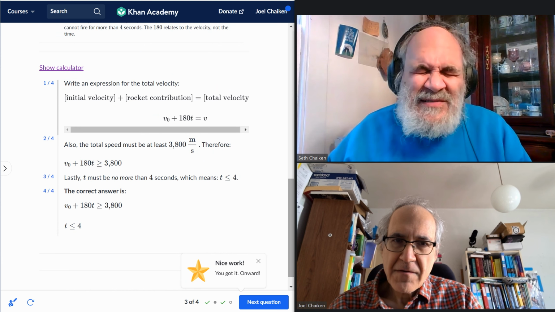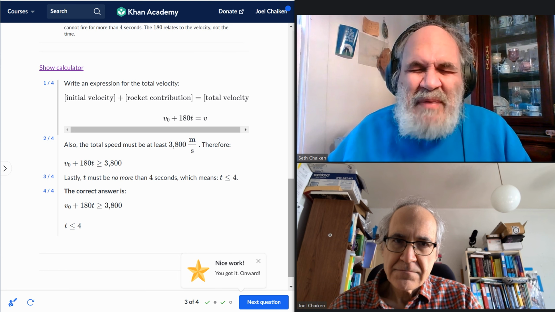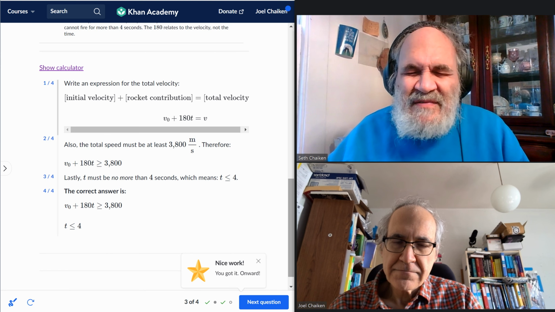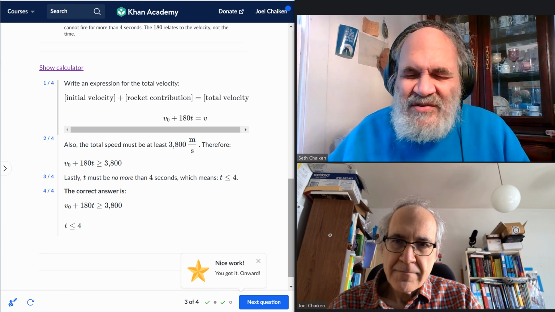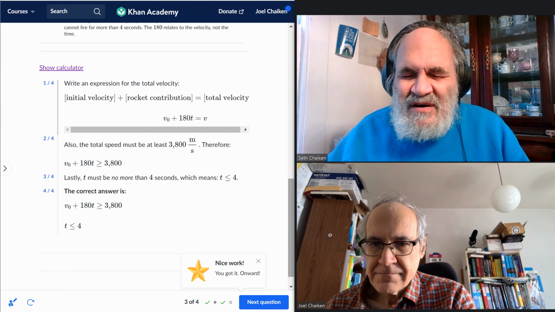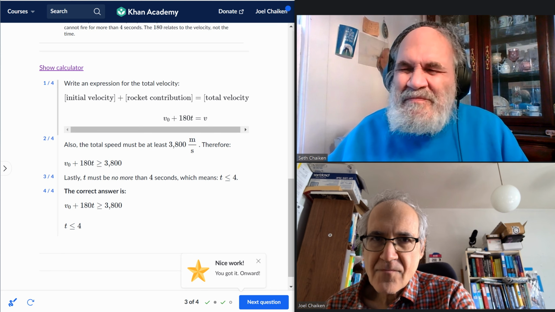And in fact, in physics, if the thrust of the rocket is not parallel to the direction the thing is moving, then the velocity will change, but the speed will not change by the amount that the speed would change if the thrust were in the direction of the motion.